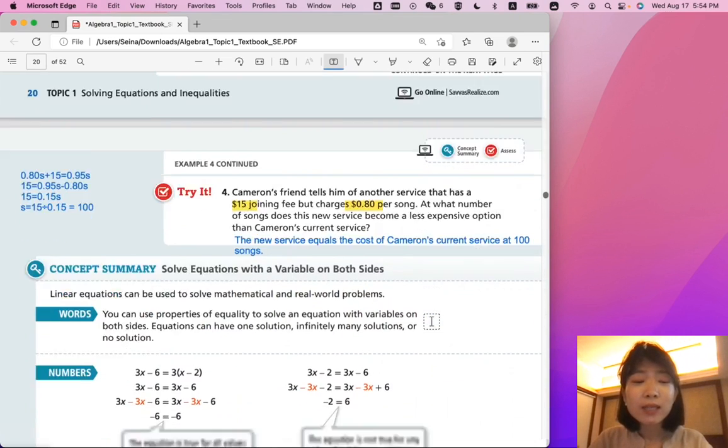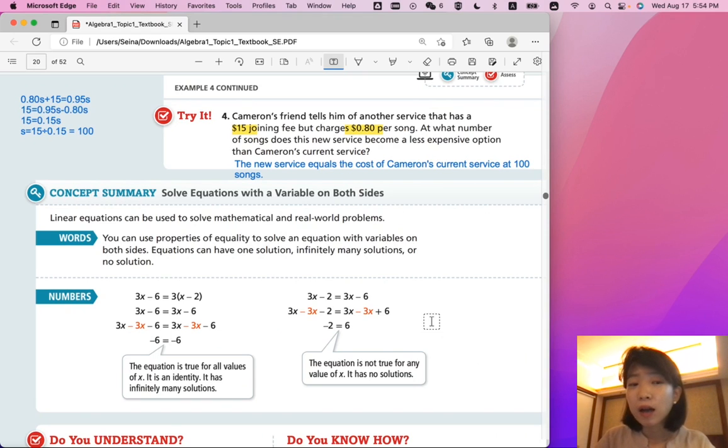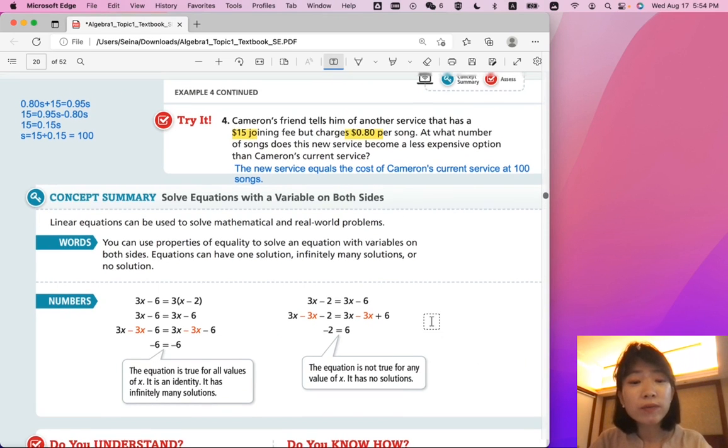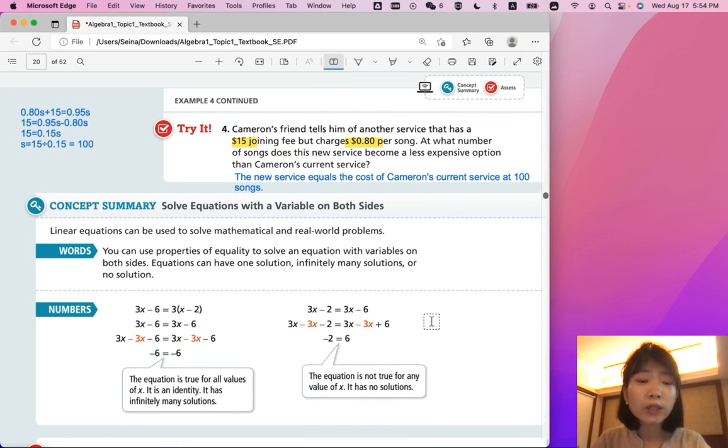All right, let's summarize our lesson. In order to solve equations with a variable on both sides, make sure you solve for the parentheses first and combine the like terms in order to solve for the variable. For these special cases, when your variable is gone, you still need to look at your equation and see if it makes sense.